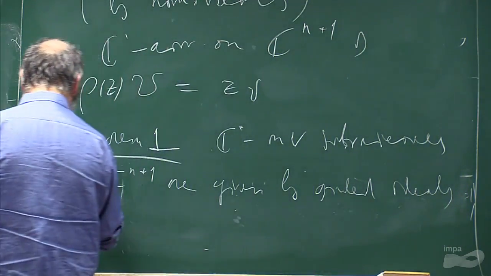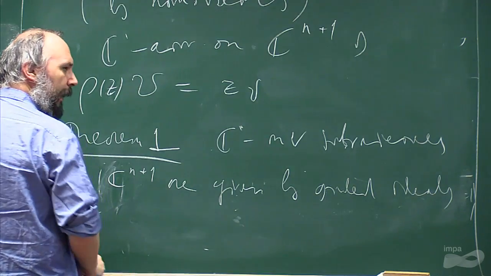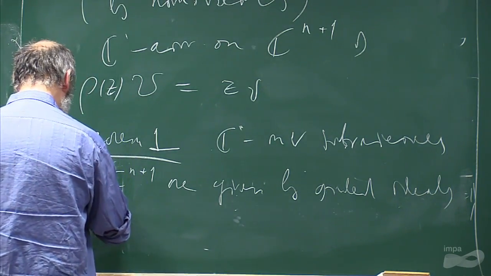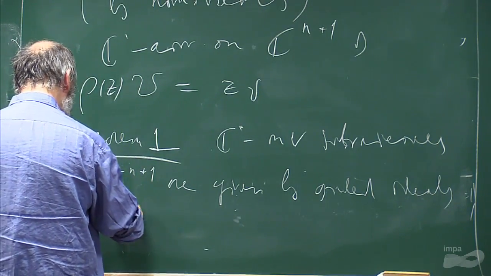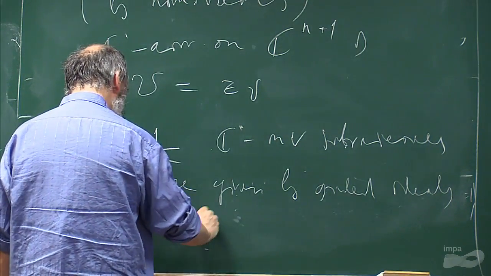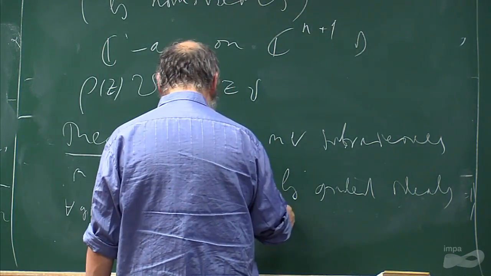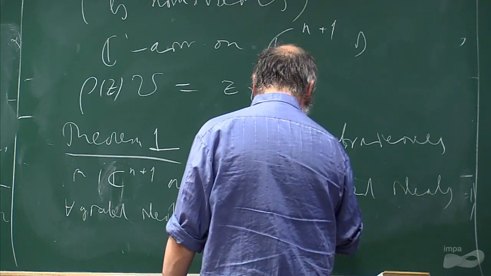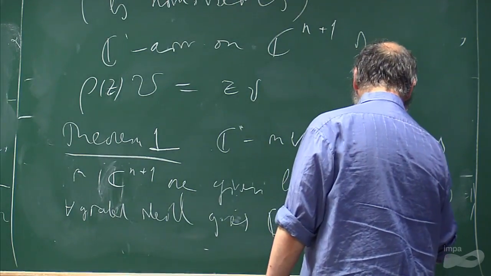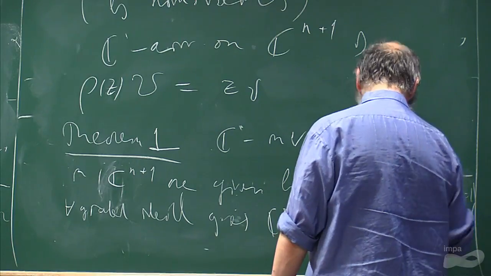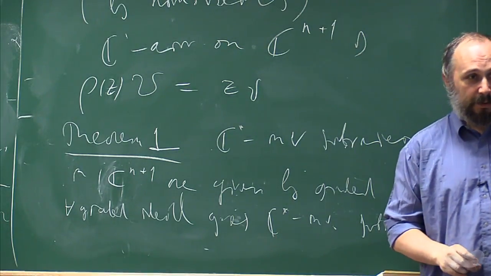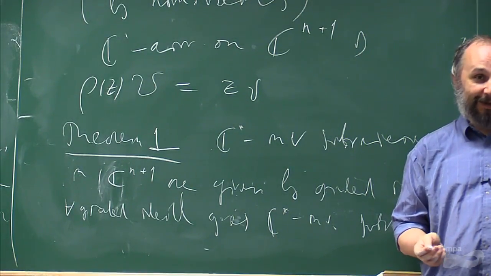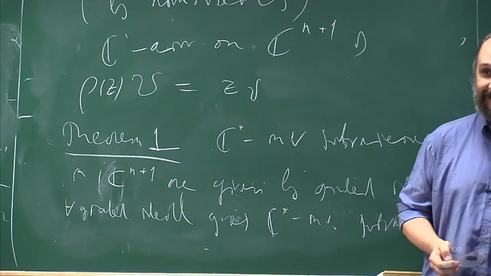Conversely, each graded ideal gives a C-star invariant subvariety. This is theorem 1: a graded ideal gives a C-star invariant subvariety. This is because graded is the same as C-star invariant, as we have just discussed.